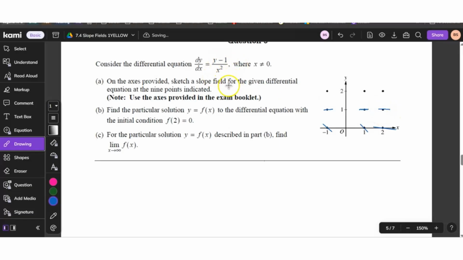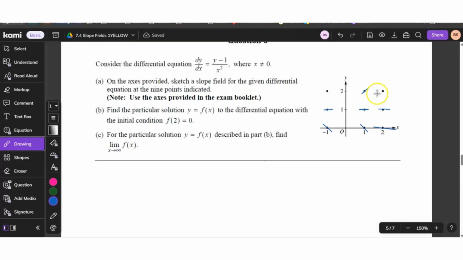All right, now we do this one, 1, 2. So this is going to be 2 minus 1, 1, over 1. So positive 1. Our x is not equal to 0. And now we're going to have 2 and 2. So 2 minus 1 is 1 over 2 squared, 4.